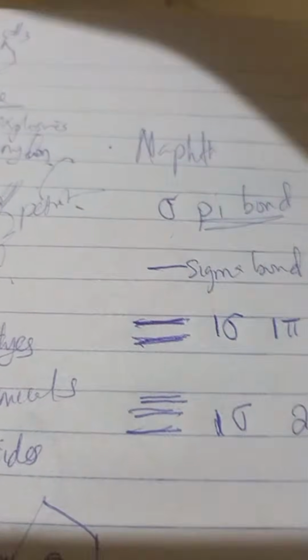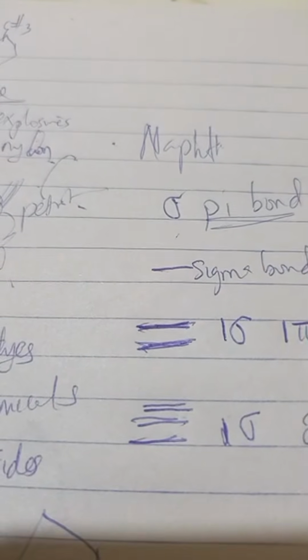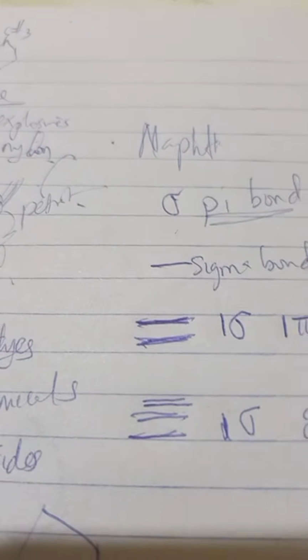So the question is, how many double bonds, how many pi bonds? Let me write the question here. It's a JAMB question.